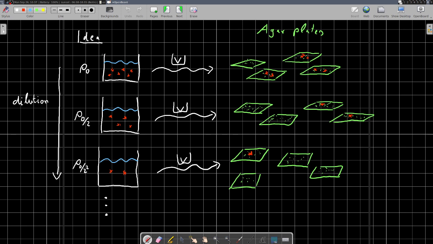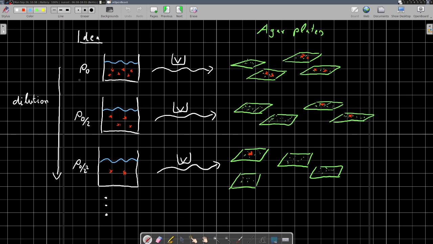So we take our original solution, the concentration of our organism is rho 0, and then we dilute this solution step by step, and for each diluted solution, we take a particular amount of that solution with volume V and put that on some agar plates, and then we count the number of agar plates that were infected by the organism and the plates that were not infected.